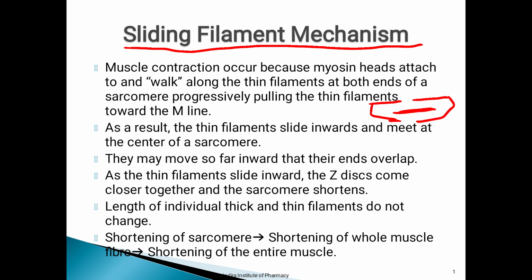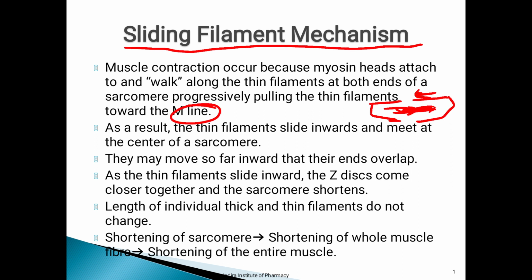So when muscle contraction occurs, the myosin heads which are attached walk along at both the ends of the sarcomere. The myosin heads will pull this actin filament towards this side, and these heads of myosin will pull this actin filament this side, that is they are pulling the actin filament towards the M line.